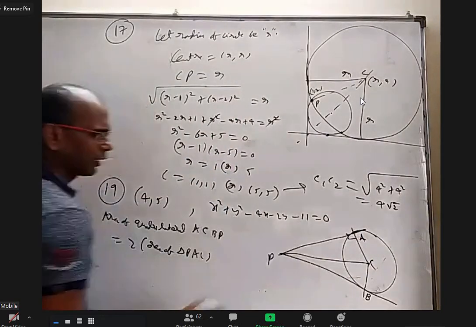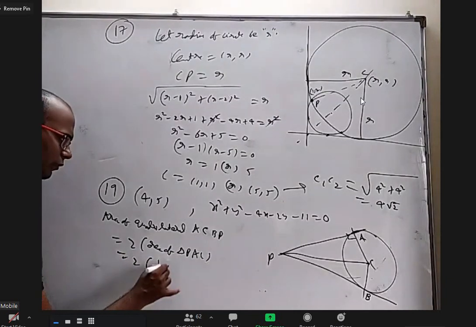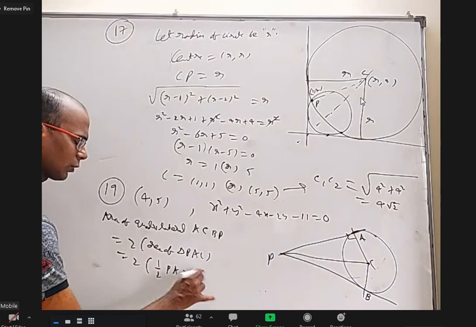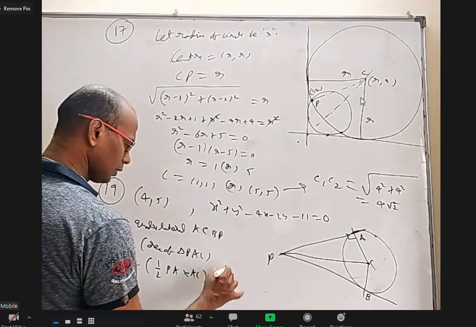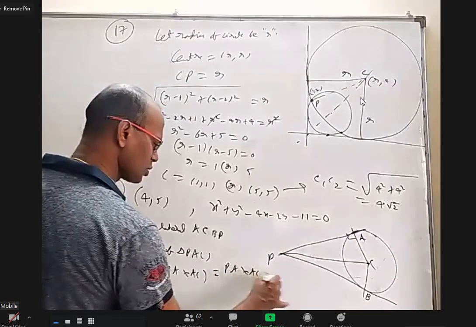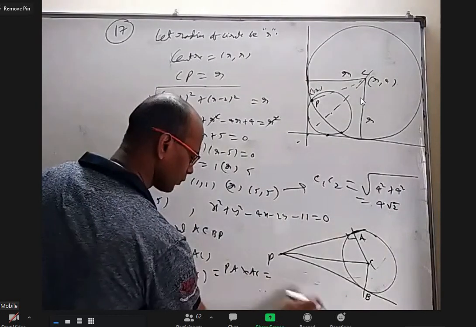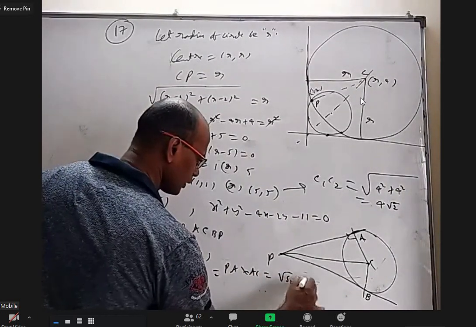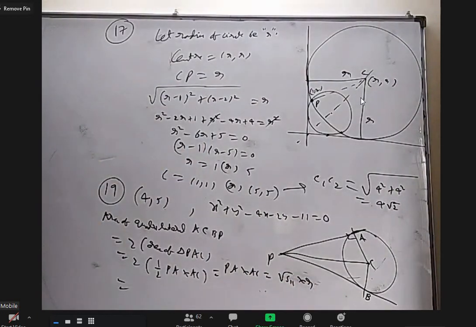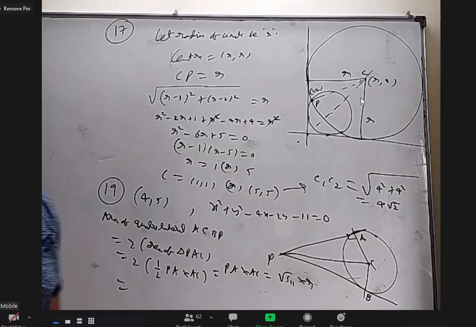That is a right angle triangle, half into PA and AC, base and height. That is PA into AC, which is R into root S11 or vice versa. So simplify the radius and root S11 and you can multiply.